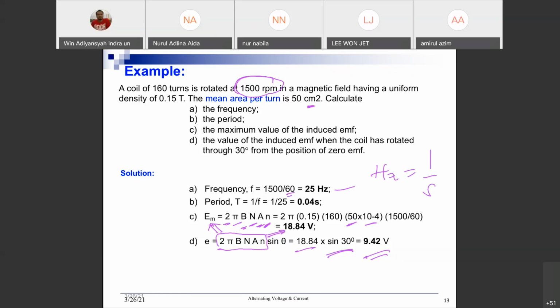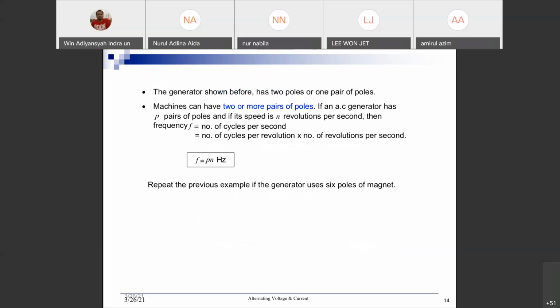No. So now we proceed with this one. This is pole.